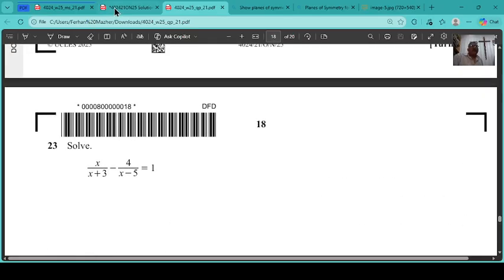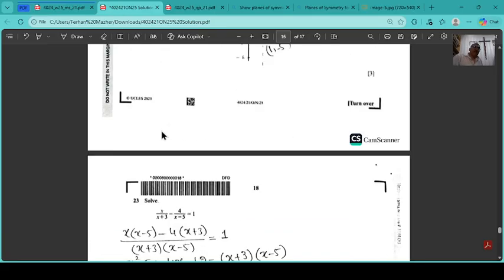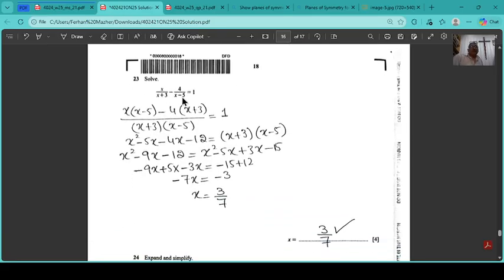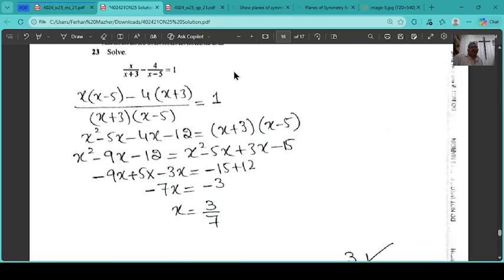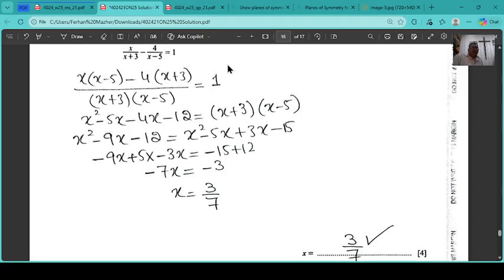Okay, very simple. We will take the LCM and we will be able to do this. Let me show you, make it larger. In the LCM, both these denominators will come. So you will have x bracket x minus 5 bracket close minus 4 bracket x plus 3 bracket close equals 1 here. So this will go to this side, multiply with the 1.